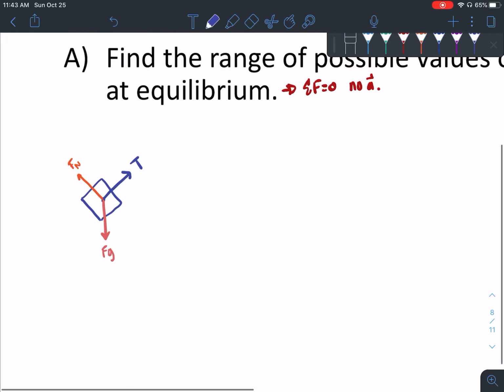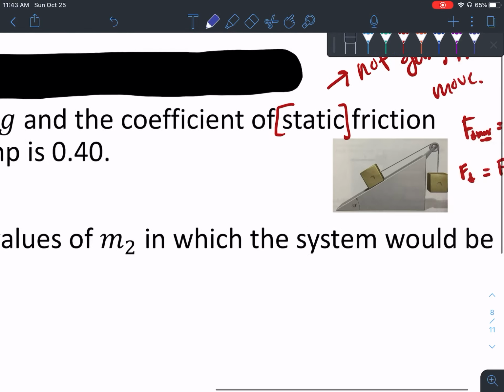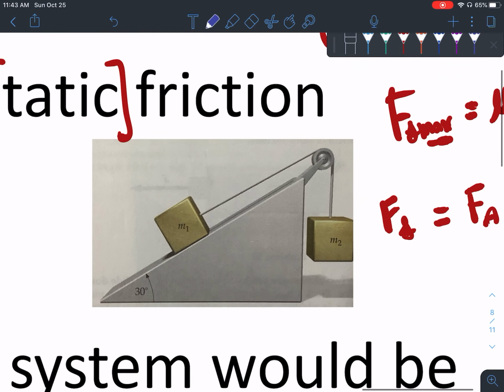So what we know about the movement here, if we come back to our diagram, we know that either the acceleration can be in this direction, that would mean that M2 is heavy enough that it is pulling this up the ramp. So that is one option. The other option then would be the acceleration down the ramp.